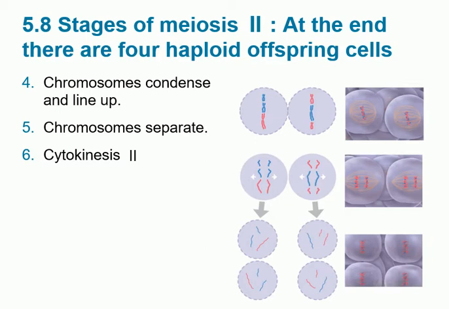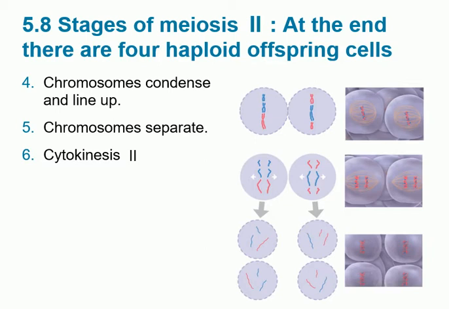First you duplicate, but this has nothing to do with meiosis. You duplicate before meiosis. Clear? Now I'm going to meiosis. Three steps, meiosis 1, same three steps, meiosis 2. Okay? Line up, separate, cytokinesis. And then what?